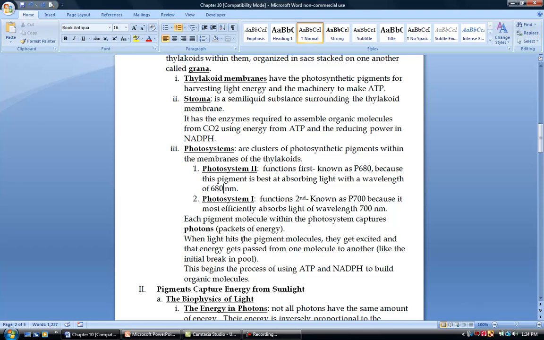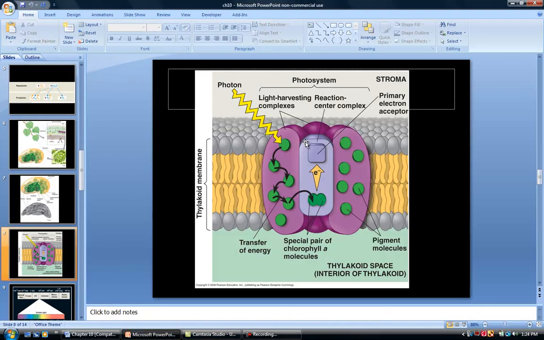So what happens is when we measure light, we say that it travels in photons. And when it hits the pigment molecules, they're going to get excited. So let me show you what we're kind of talking about here. Here's one of our photosystems right here. And actually, you know what? We're going to come back to that because I want to talk about wavelengths because we haven't talked about that yet.